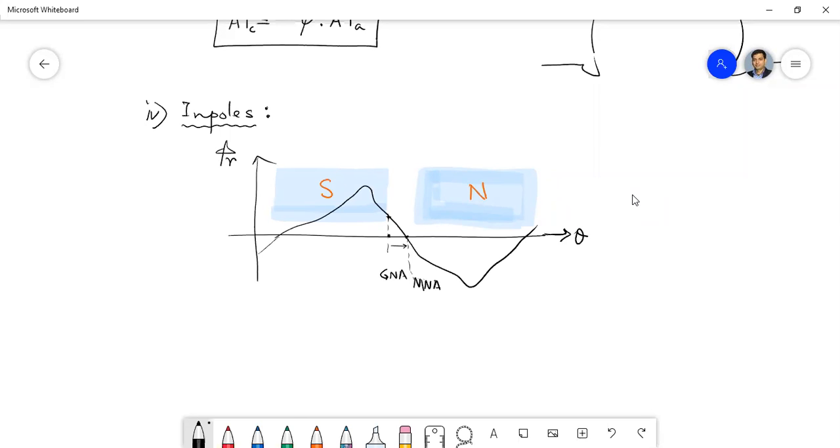So now we have some positive flux in the old MNA location, that is the GNA location. So what can be the solution to make the flux at the GNA 0? Sir, if we can produce a negative flux here, it will nullify that extra positive flux.